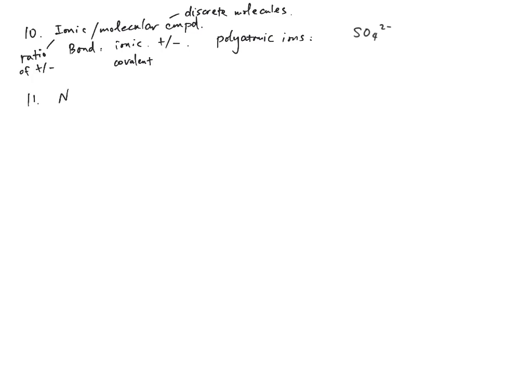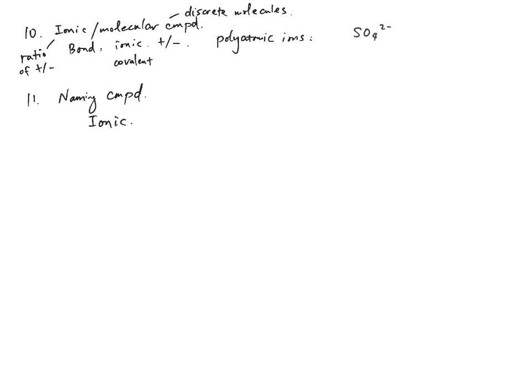Then, naming compounds, nomenclature. How do you name ionic compounds? This is supposed to be easy. Your metal name, followed by your negative ion name, whether it's a monoatomic ion or a polyatomic ion. Those negative ions have their own names.